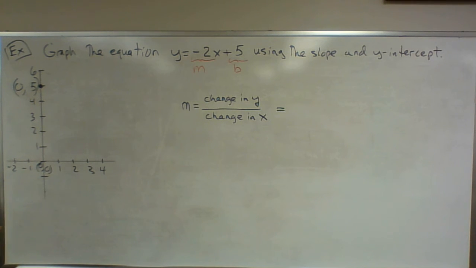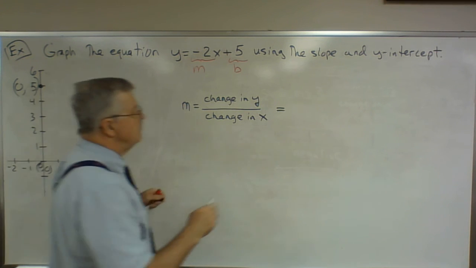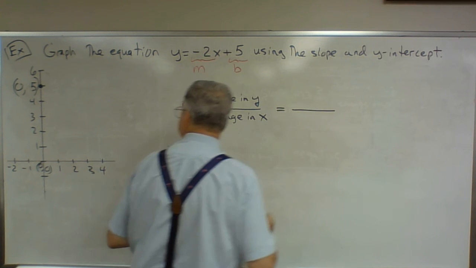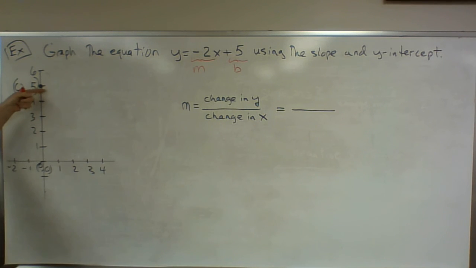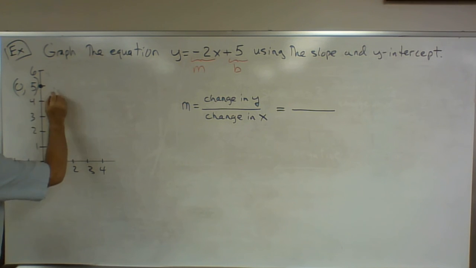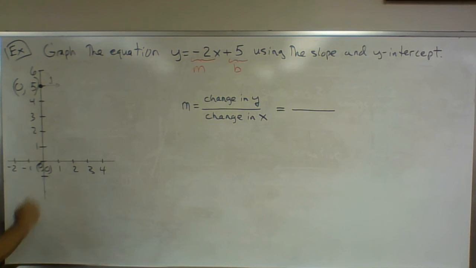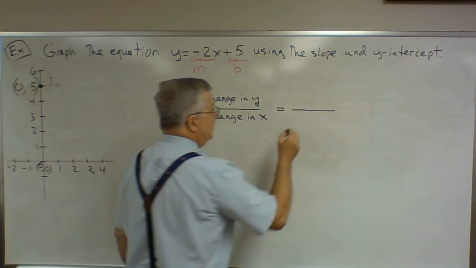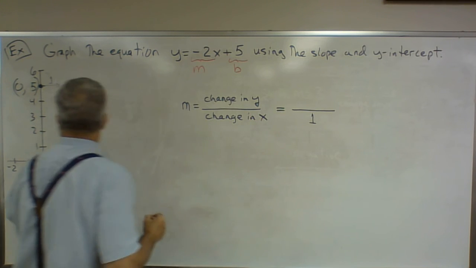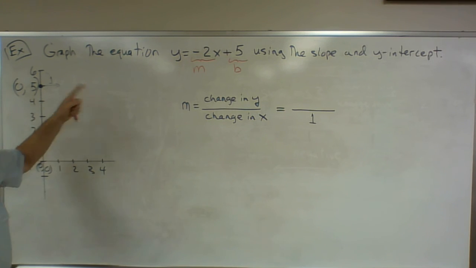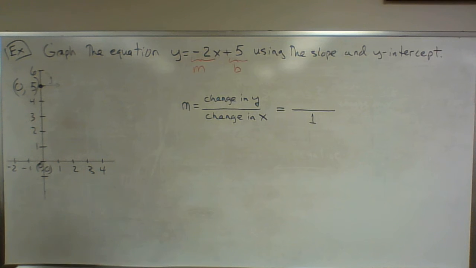Suppose that we just change x from 0 to 1. x is 0, and we go in the positive direction 1 unit. Since we're moving from left to right, that's in the positive direction.